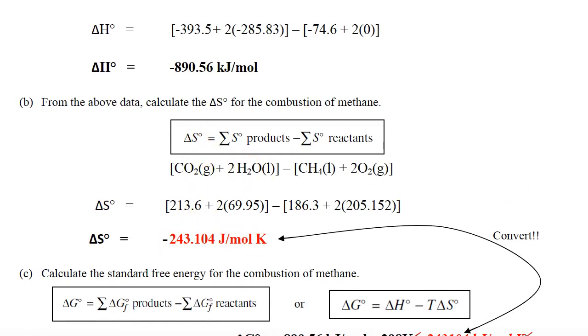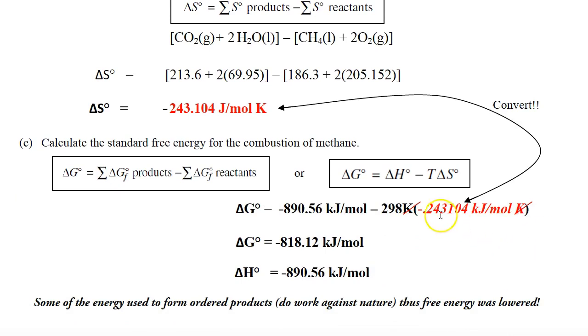And you should remember to convert your joules per mole kelvin to kilojoules, and then plug in your 298 Kelvin, and notice that delta G is negative 18.12, and the delta H is negative 890.